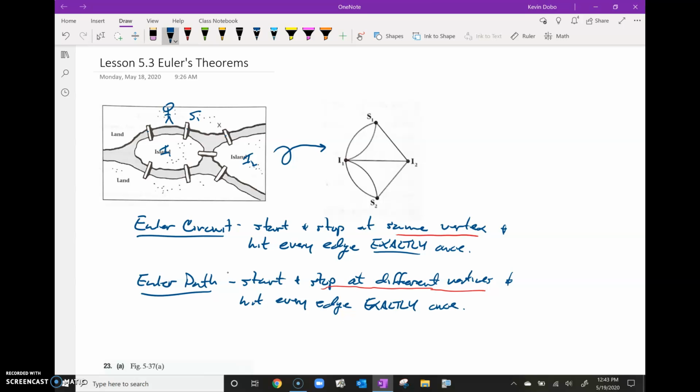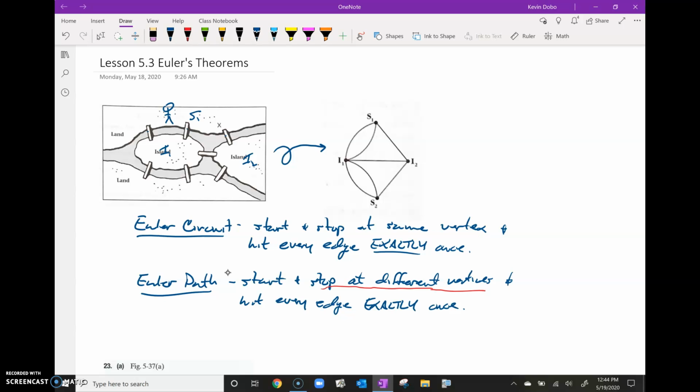Now, if you go through the reading, when we look at a graph, we can initially tell whether it's going to have an Euler circuit or an Euler path. So let's discuss a little bit how we can tell.